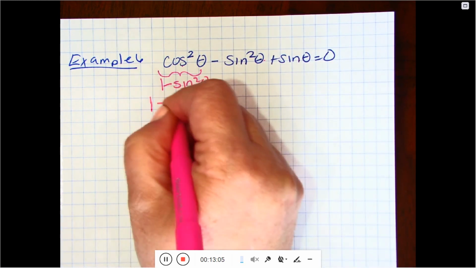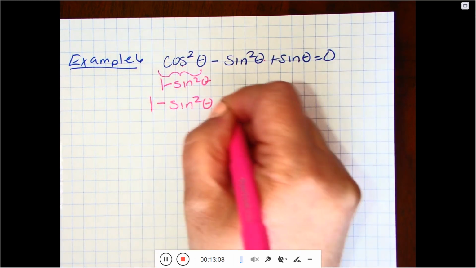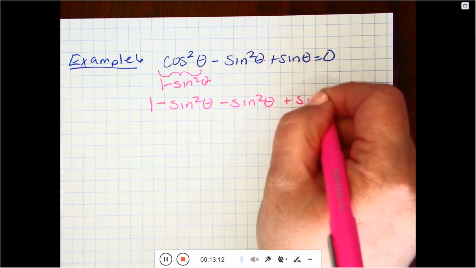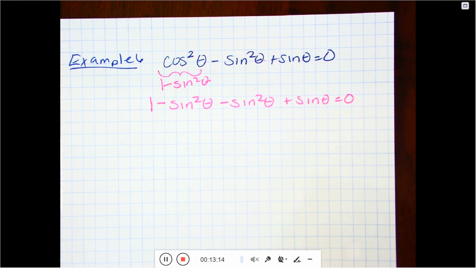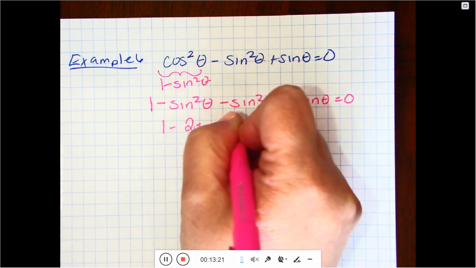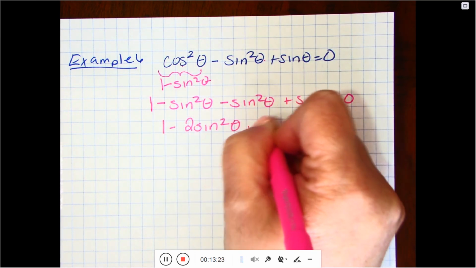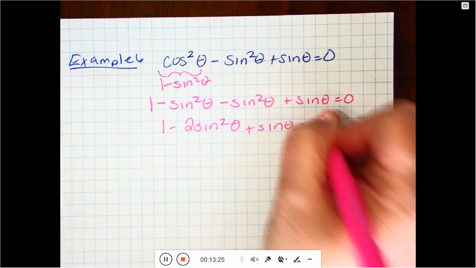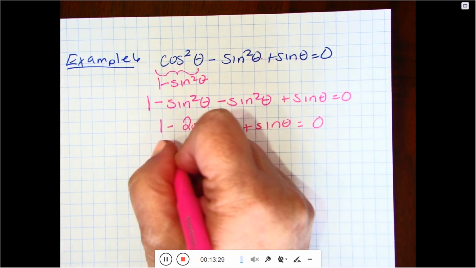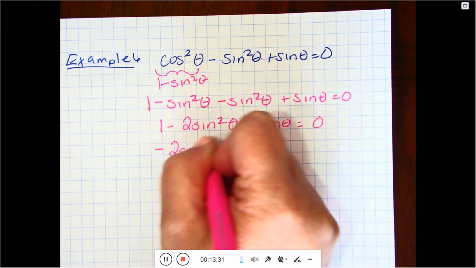So that gives me 1 minus sine squared theta minus sine squared theta plus sine theta equals 0. And combining my like terms, I have 1 minus 2 sine squared theta plus sine theta equals 0. And I'm going to write it in my nice trinomial form, putting my quadratic term first.